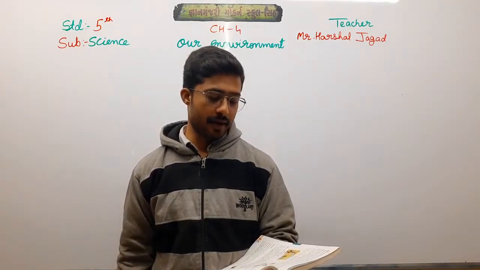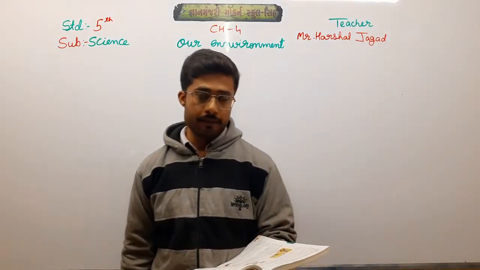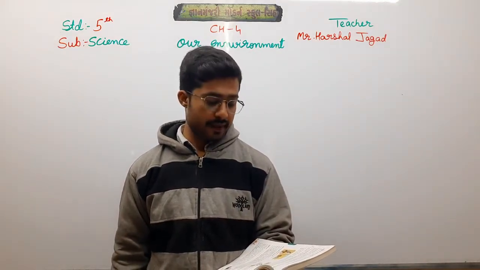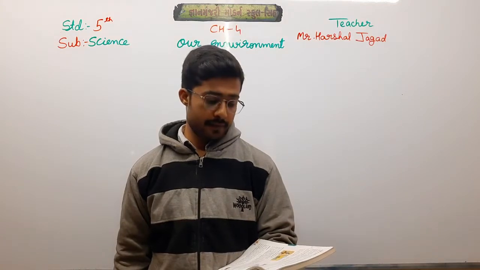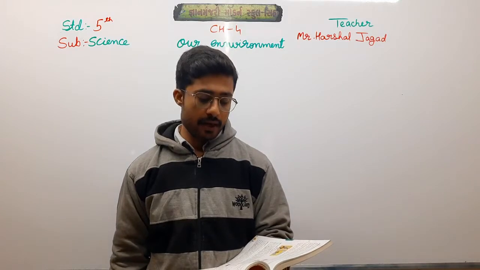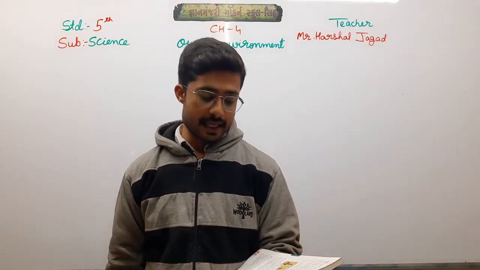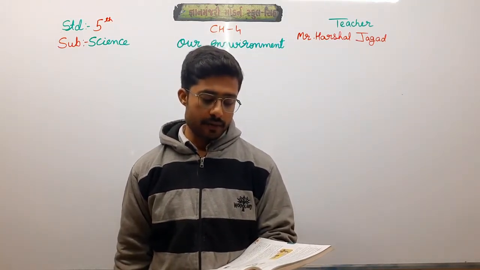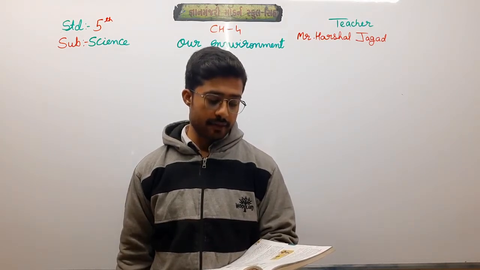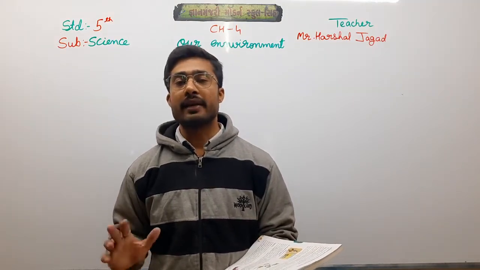Some examples are fruit peels, vegetable peels, leftover food, newspaper, cotton cloth, wood, and so on. Non-biodegradable substances are those that do not decay or decompose even after many years. Some examples are plastics, glass bottles, tin cans, and so on. Some of them can be recycled, and attempts are being made to find ways to recycle non-biodegradable substances. That we have seen in the previous video.